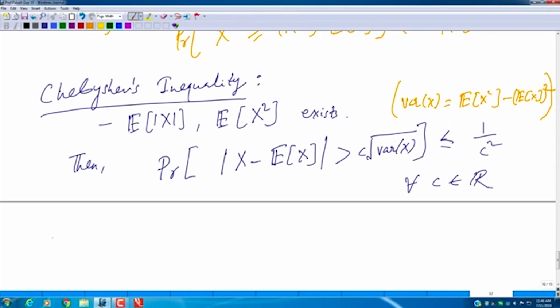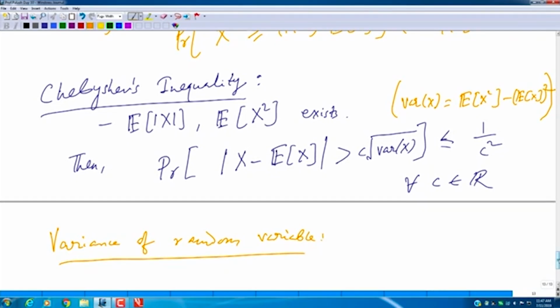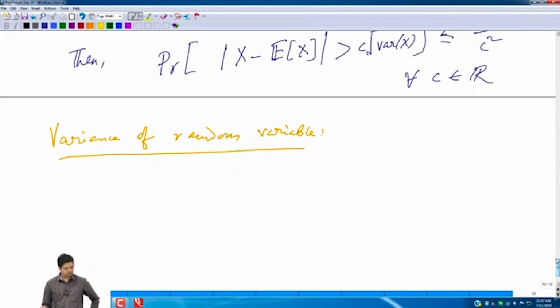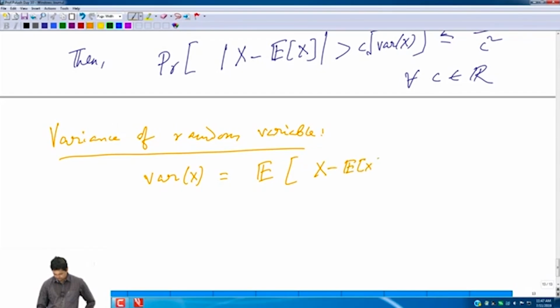But let me recall the definition of variance. The variance of a random variable x is the expectation of x minus the expectation of x, whole square.